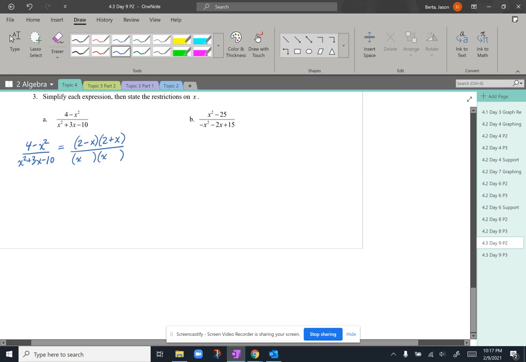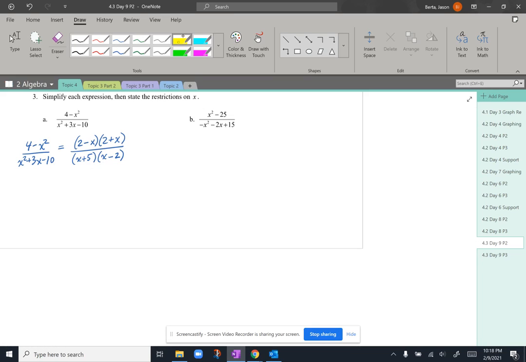And I know that the difference between 5 and 2 is 3. So I'm going to use 5 and 2 as my factors there. And one of these has to be negative and one positive. Since I have a positive 3, I'm going to make the larger number, the 5, positive, and subtract the 2. So that would get me that quadratic factored.